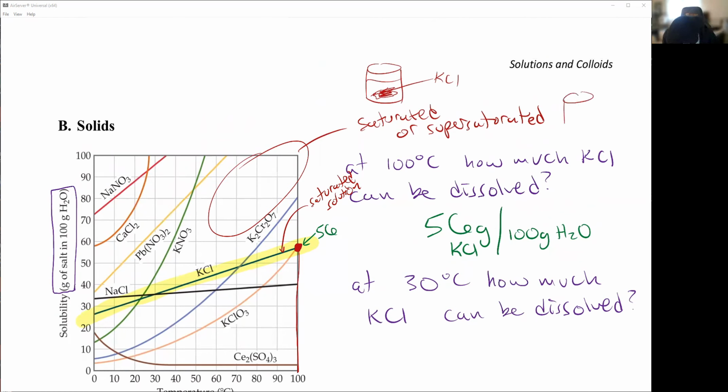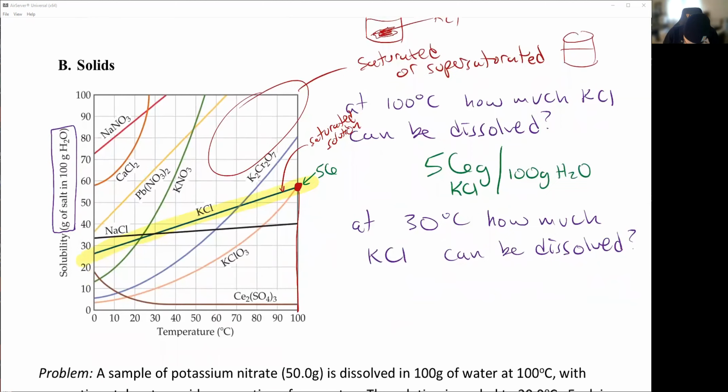A supersaturated solution would simply be, well, actually everything is dissolved, and it shouldn't be. It should be crashing out of solution. So on the line is saturated. Above the line is either supersaturated or saturated, and we have to identify what's going on physically. And then below the line is always going to be considered unsaturated.